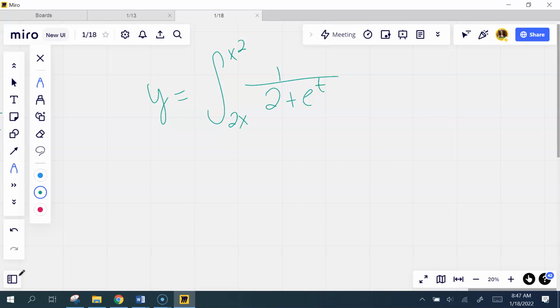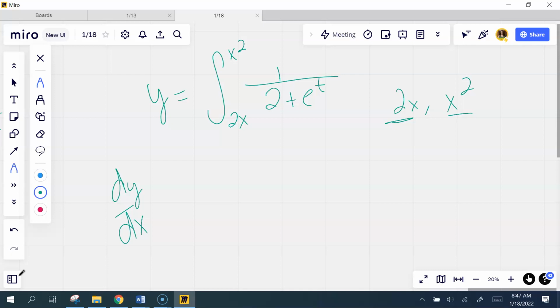I am going to have to do something with one of those. What does this fundamental theorem say? What needs to be where? The constant we're finding dy dx of needs to be the bottom and the variable at the top, right? Do you agree with that? Right now I have from 2x to x squared. This is the lower bound, this is the upper bound.